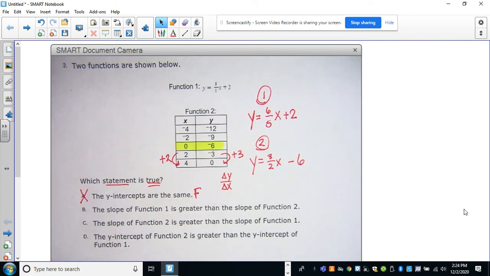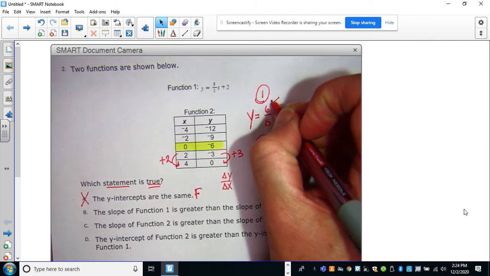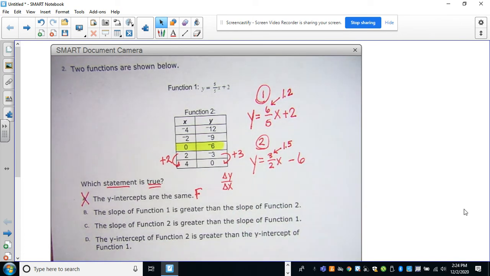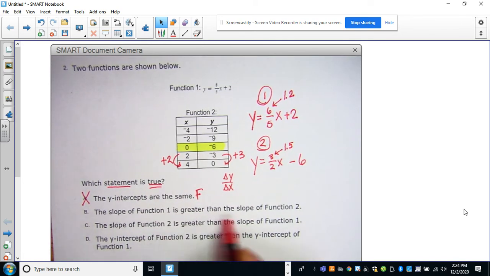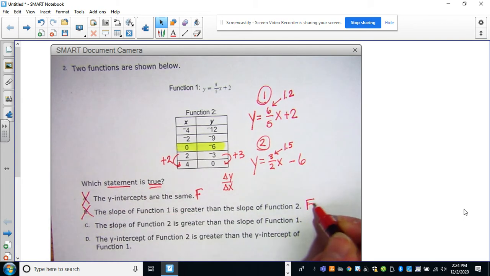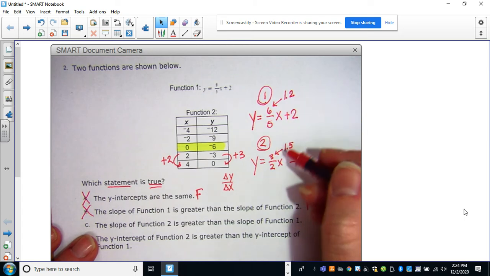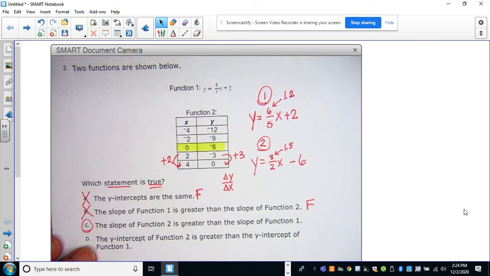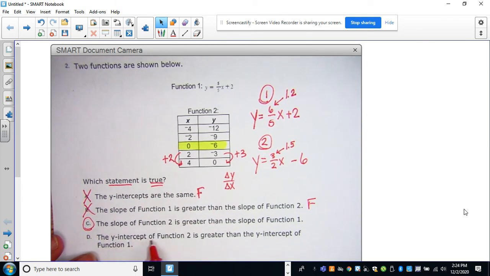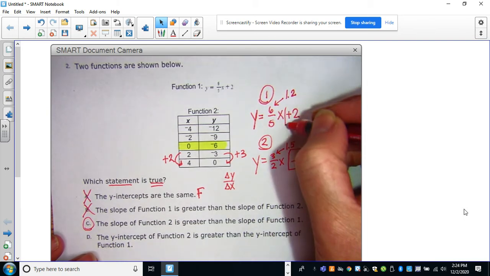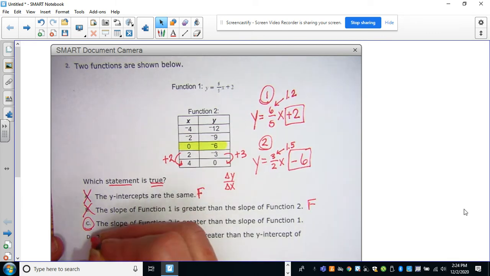Well, 6/5 is the same thing as 1.2, and 3/2 is the same thing as 1.5. So the slope for 1 being greater is false. The slope for function 2, 1.5, is greater than the first one. That one looks like it could be true. And then this one, the y-intercept of function 2, negative 6, is greater than the y-intercept of function 1, and that is false.